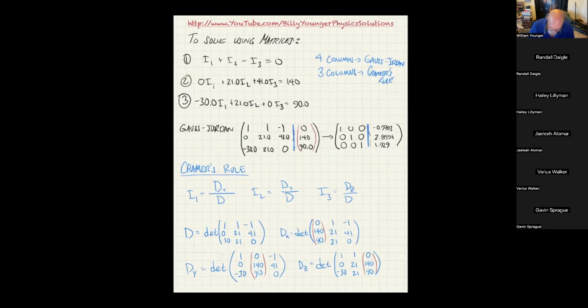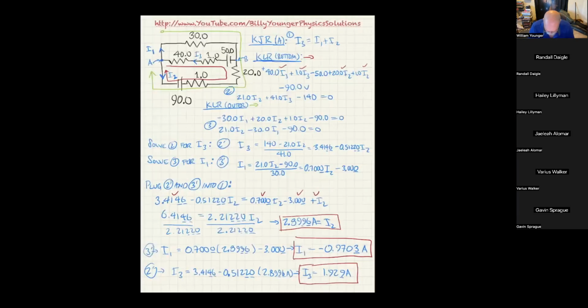The bare minimum, by the way, when you solve a system like this, is at least go back and see if Kirchhoff's junction rule is right. So if I took 2.8996, and that's I2, and I added to it I1, which is minus 0.9703, that better give me what I3 is, and I get 1.9293.